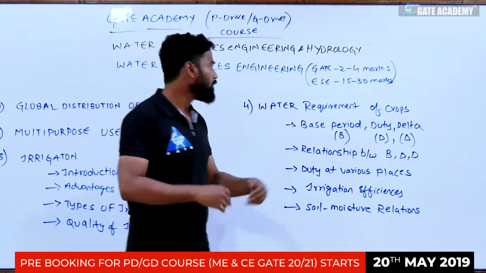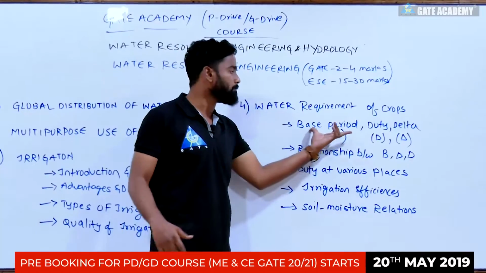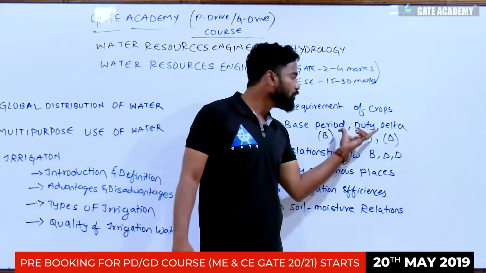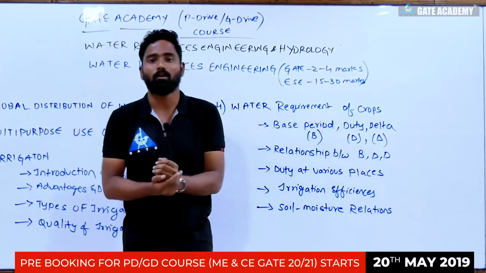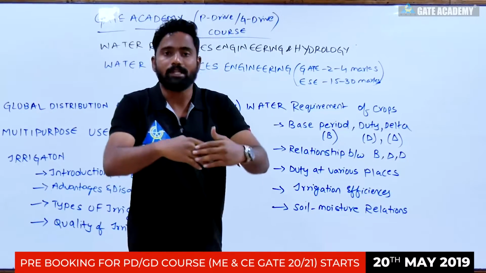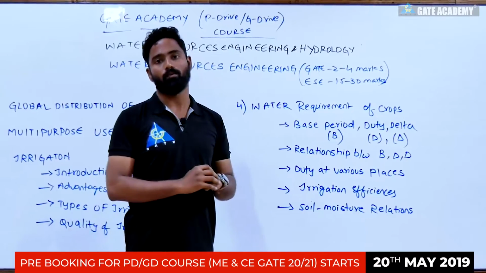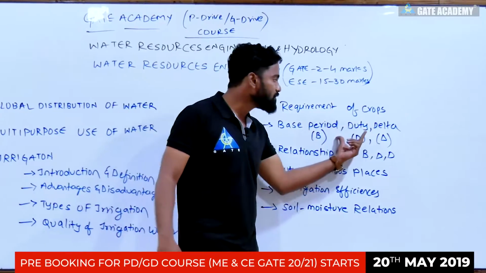And we will also discuss different types of periods, like base period and then duty. Duty is indirectly defined as, for 1 unit of water, how much area is being irrigated, which is called the duty of that water. So what exactly is duty?